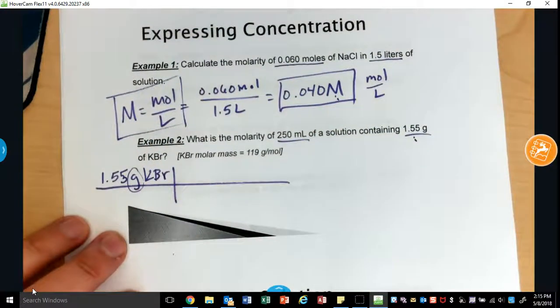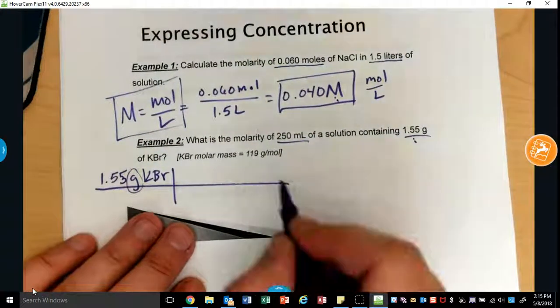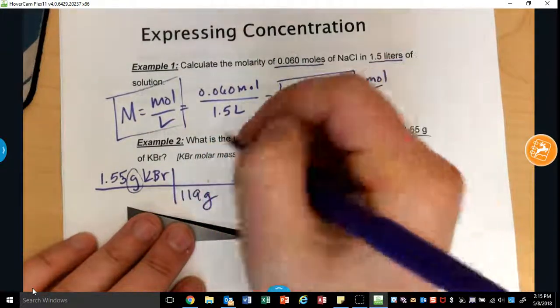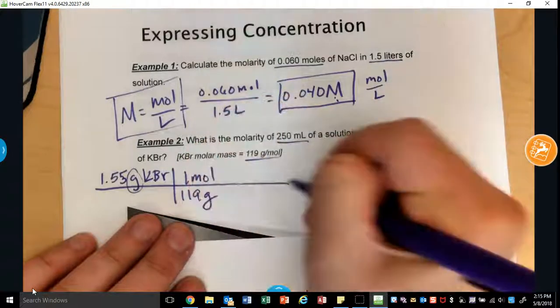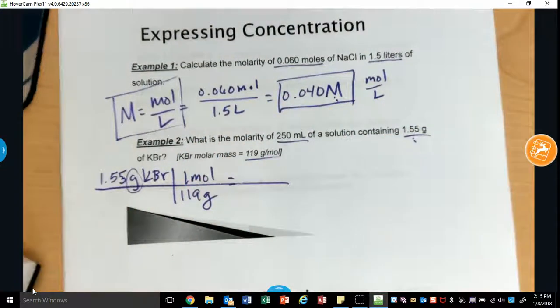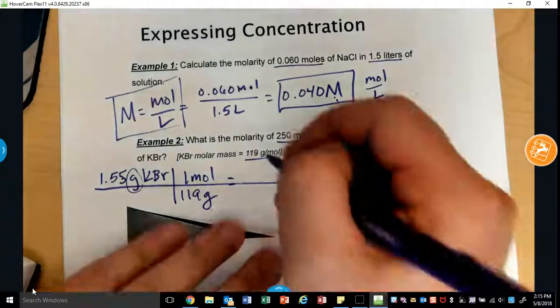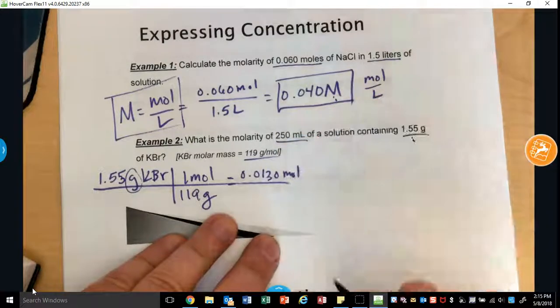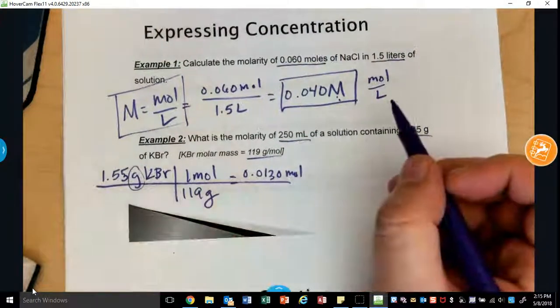Remember that G stands for get your periodic table. But in this problem, we're given the molar mass. So we have 119 grams of KBr for every 1 mole of KBr. So when we plug in and solve, that gives me 0.0130 moles.